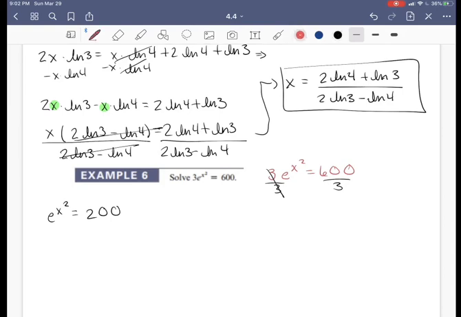Now, remember that the natural log is log base e, and we're using e. And remember that from here we can use the change of base.